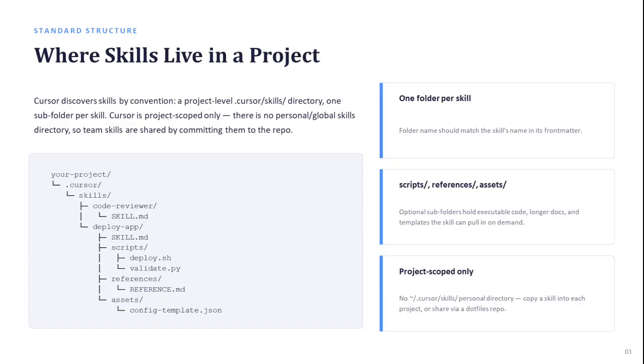Then deploy-app, then again skill.md. You can see I have mentioned skill.md two times, because I use skills two times. When you have more than two or three tasks, however many tasks you have, you can deploy one skill for each.